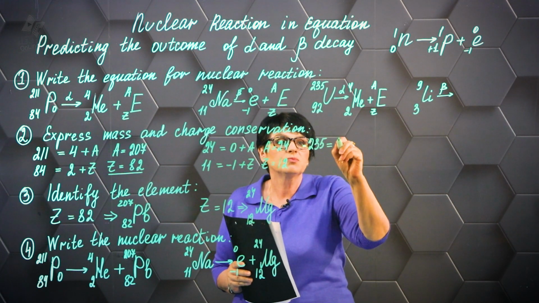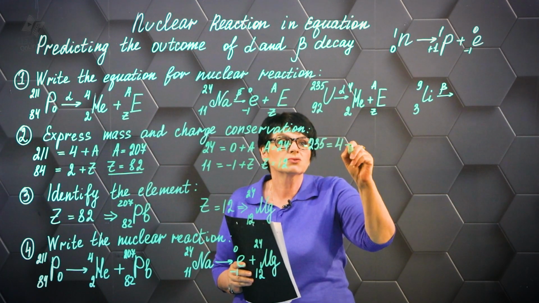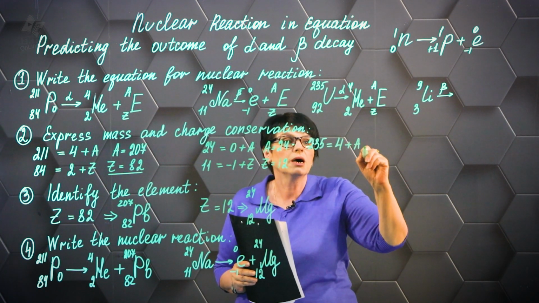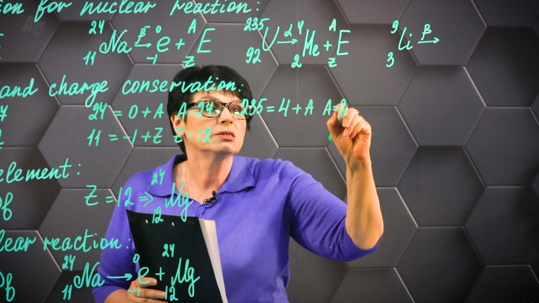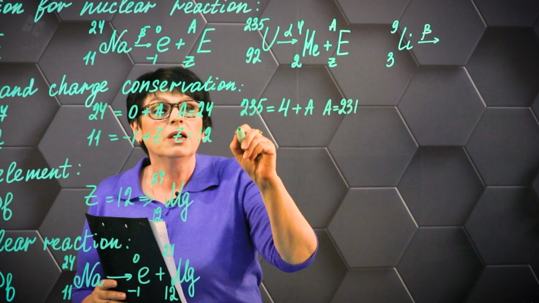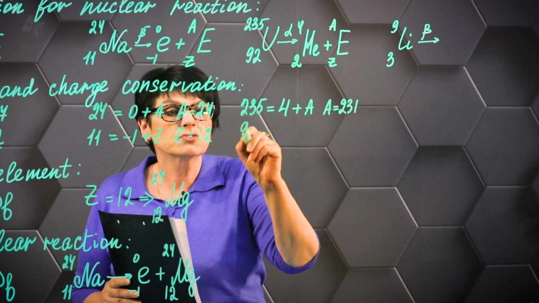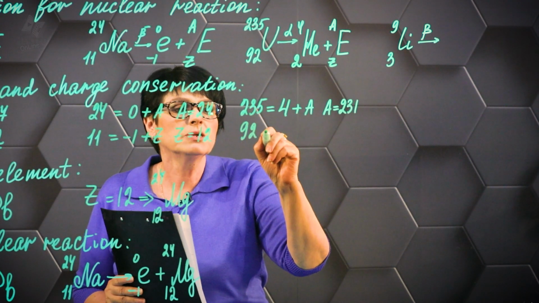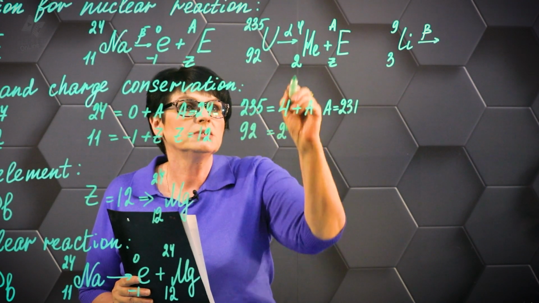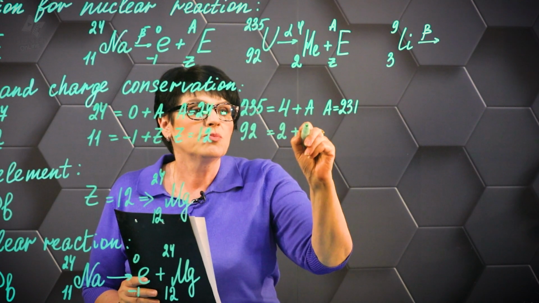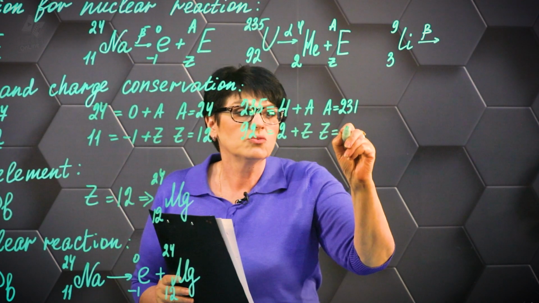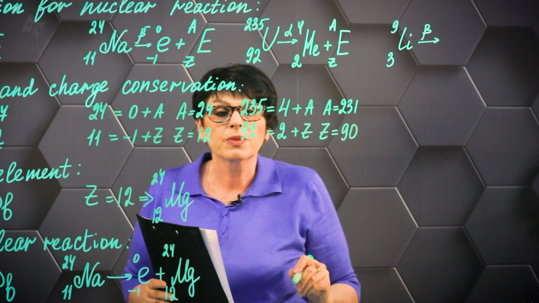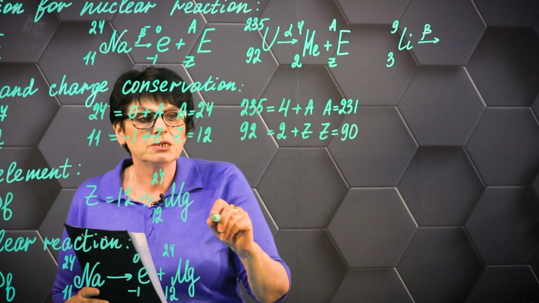Then here we have 4 units, and here we have A. And this A is 231. Now at the bottom we have 92, in which case we've got 2 units at the bottom, plus Z. And Z, then, is 90.